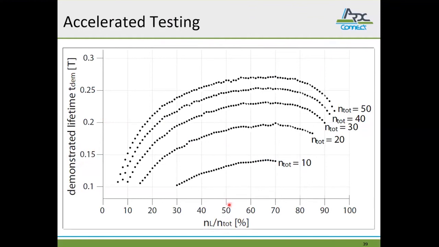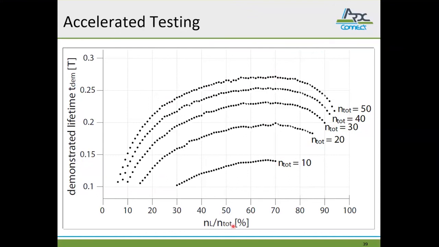And as you can see, we show that plot for several total numbers of specimens. And as you can see, the more specimens we have on lower load level, the higher the demonstrated lifetime gets, until we reach a maximum, and then it decreases again.